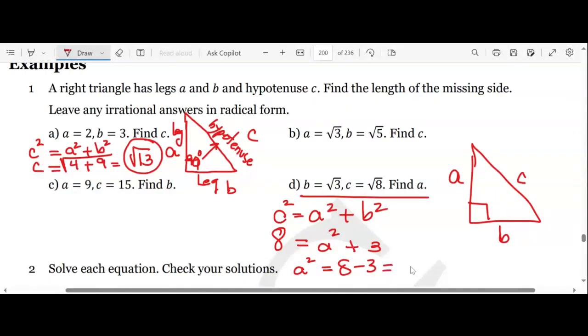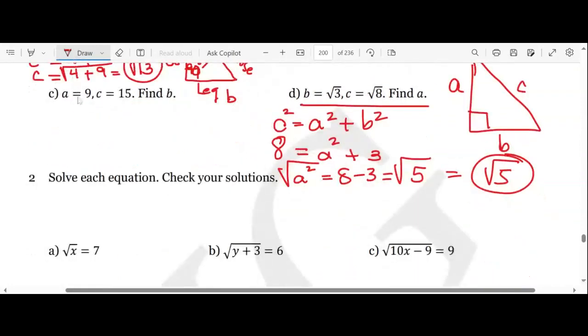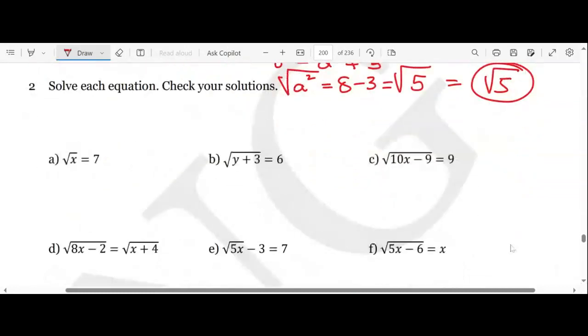What are you going to get? 5. And since this is squared, you take the square root of both sides, so your answer is what? Square root of 5. Is this clear? Clear or not clear? Clear. Okay. Let's take one example and then we take a break after that.